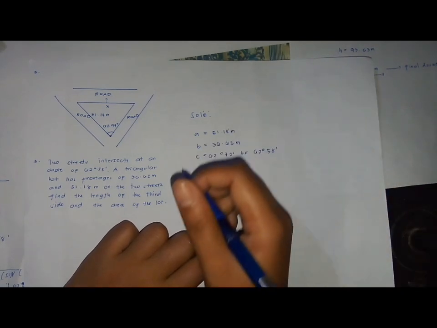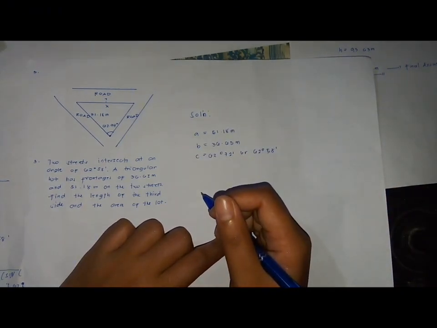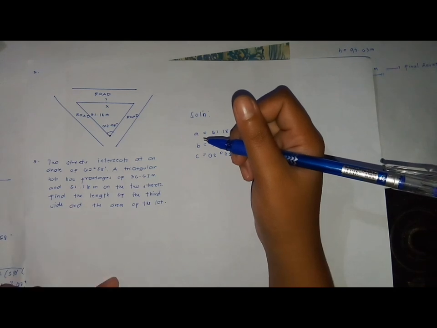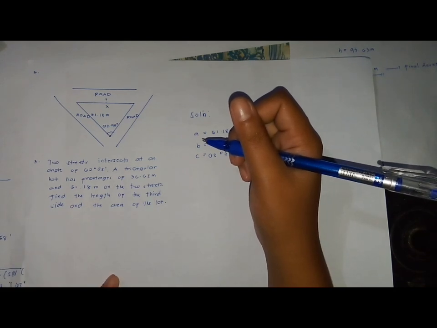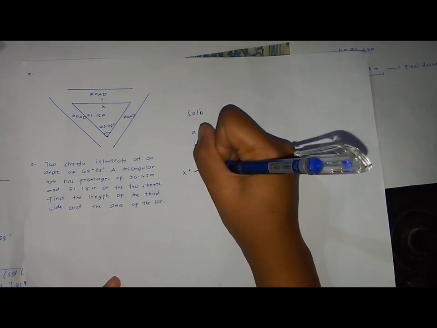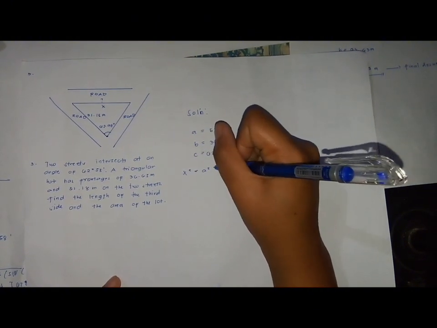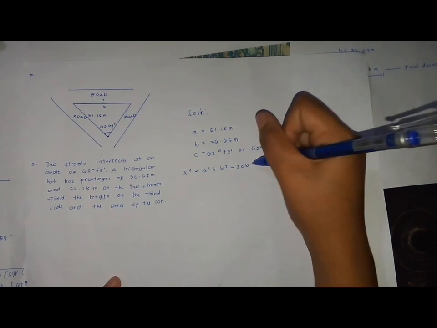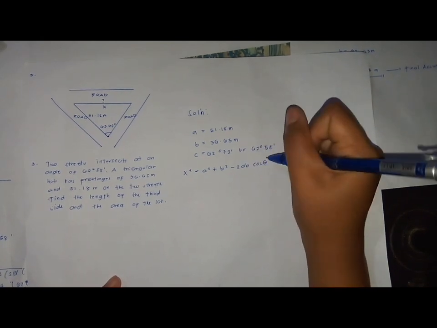So we can use the cosine law, or the law of cosines formula. We have here x squared is equals to a squared plus b squared minus 2ab cos theta.